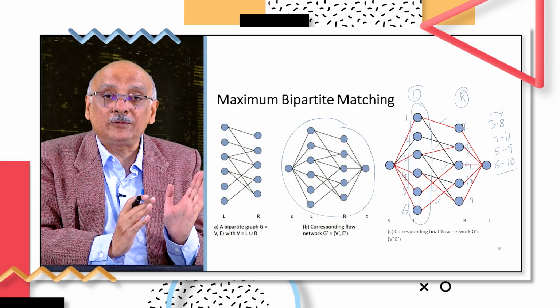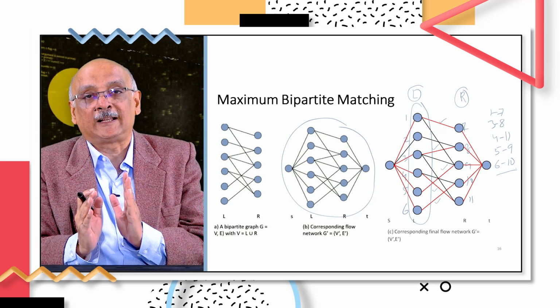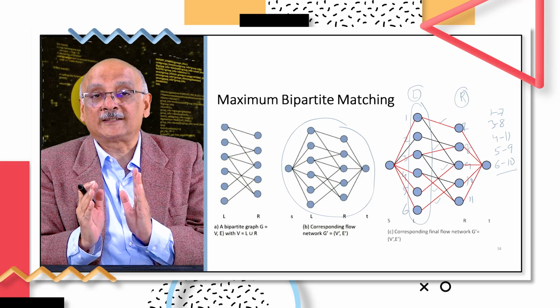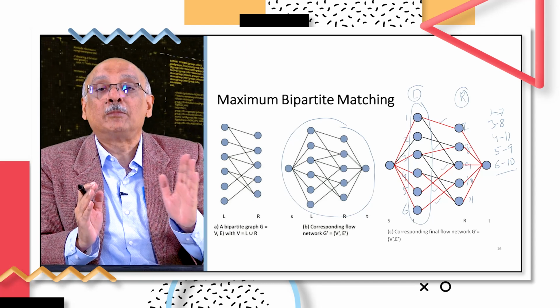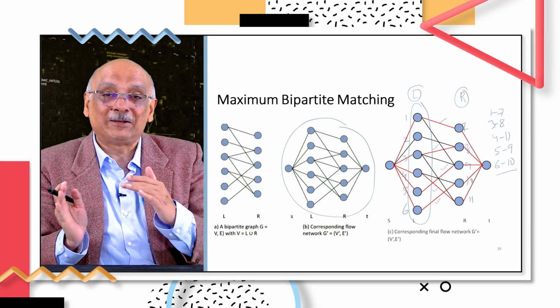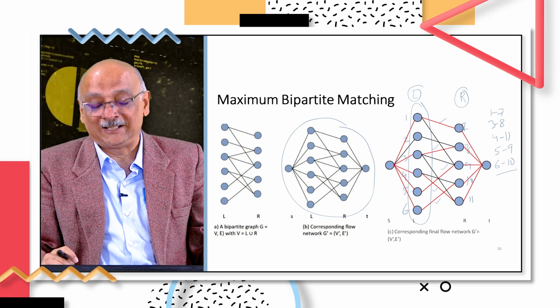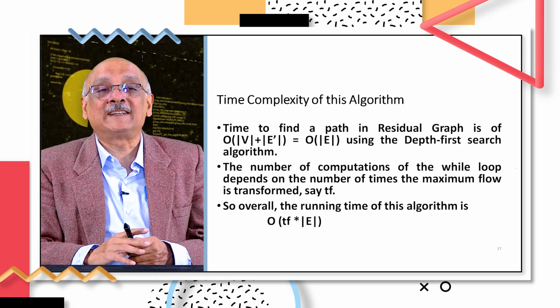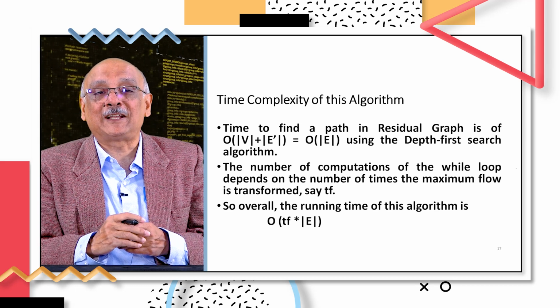The algorithm used is Ford-Fulkerson algorithm, which we had discussed with different weights, but here weights are going to be only one. So you can easily determine the back flow, you can easily determine the forward flow. Now what is the time complexity of this algorithm?